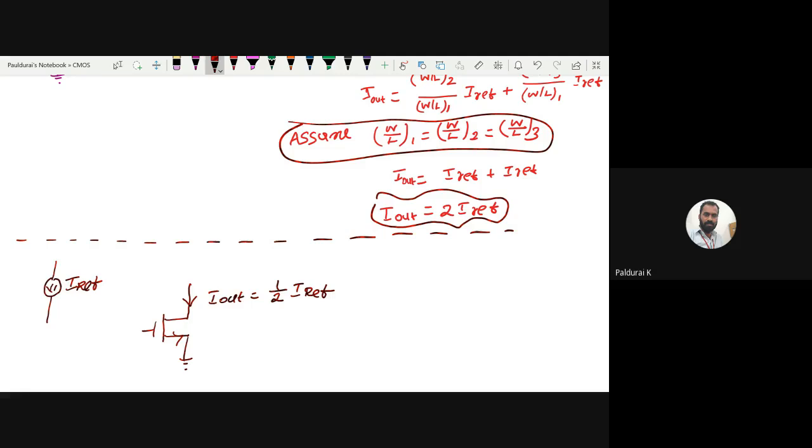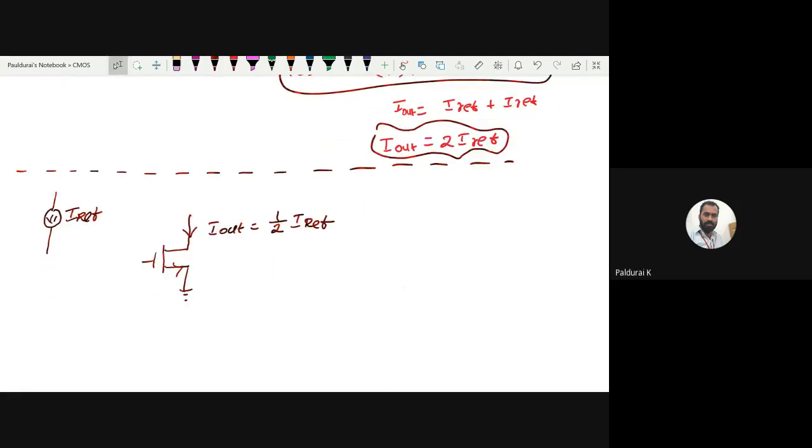How to achieve this now without scaling? Assume my width to length ratio is fixed.